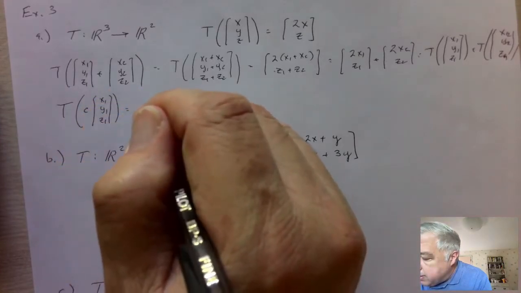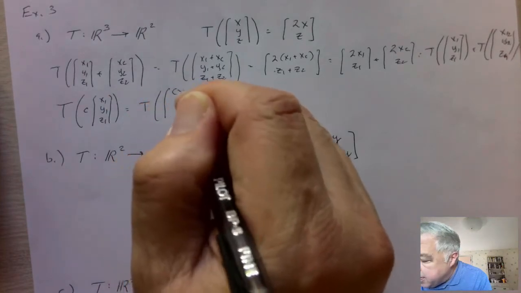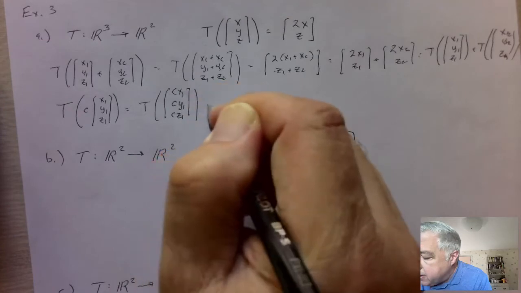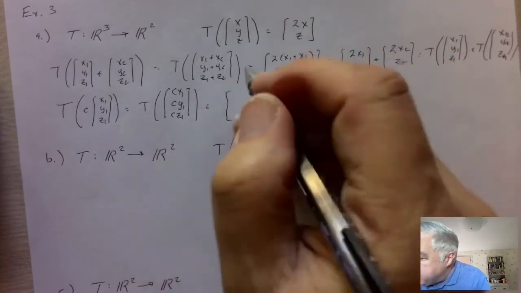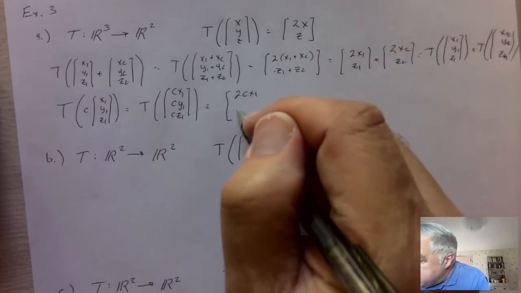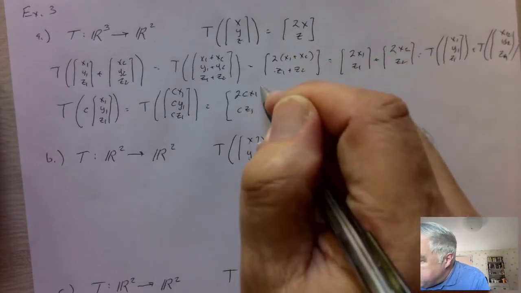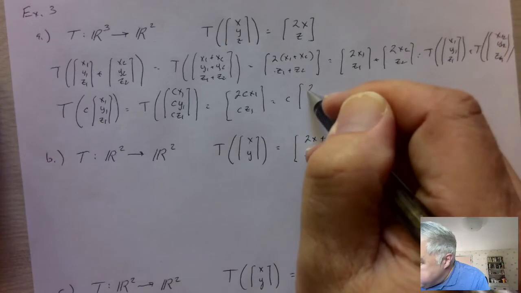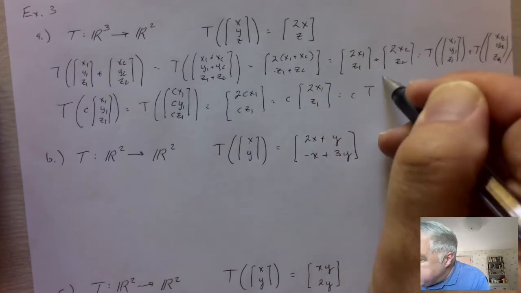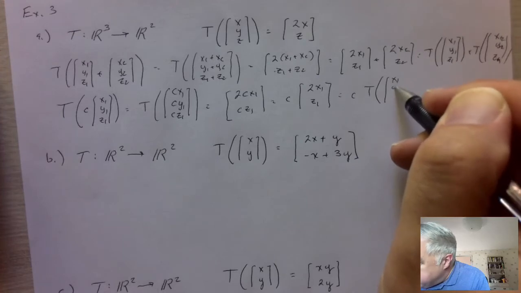Okay. All right, and then the scalar multiplication will be again T of c times (x1, y1, z1). This is T of (c x1, c y1, c z1), which is now going to be (2 c x1, c z1). You can factor out a c, and that's c times T of (x1, y1, z1).